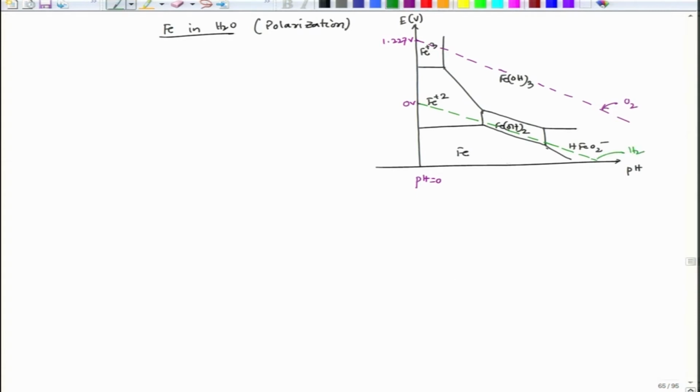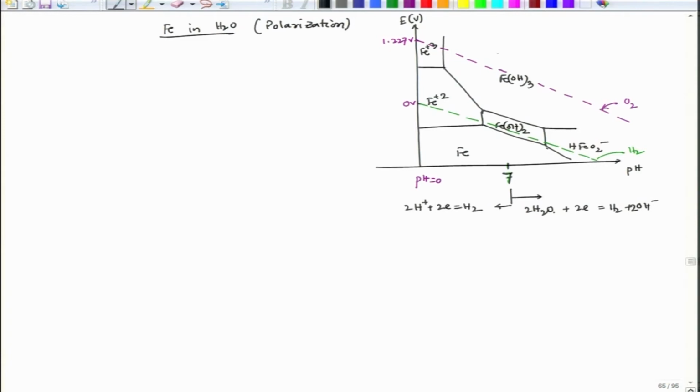If we take a pH of 7, this is pH 7, the right side of it will have water reduction, and the left side we have hydrogen ion reduction.